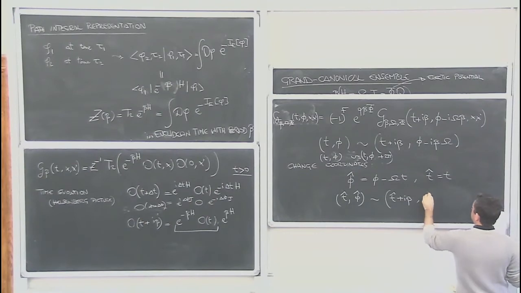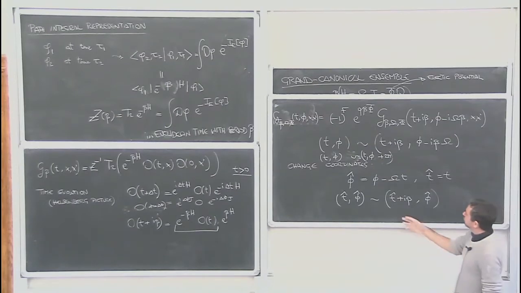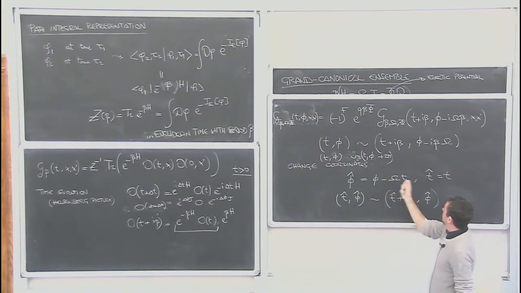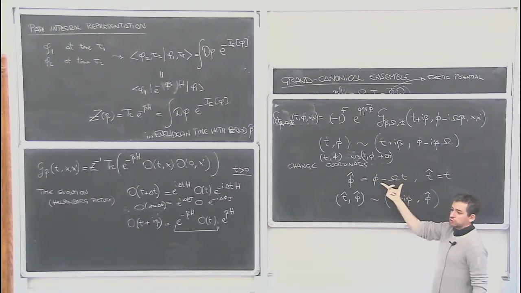And then phi hat remains invariant. Yes, it's correct. Because when I go around t, phi shifts, but then t also shifts, and these two compensate each other, right? So phi hat does not shift because I have two shifts.